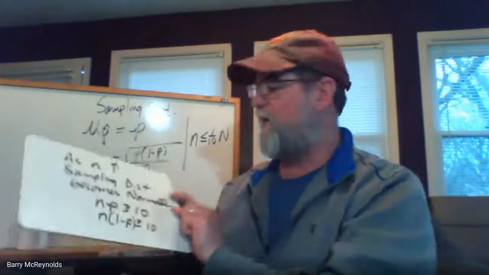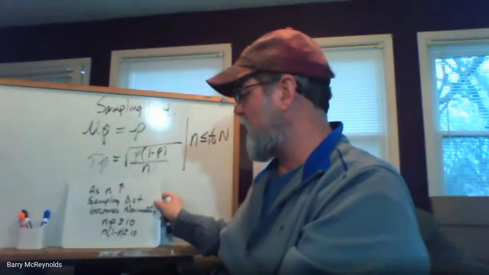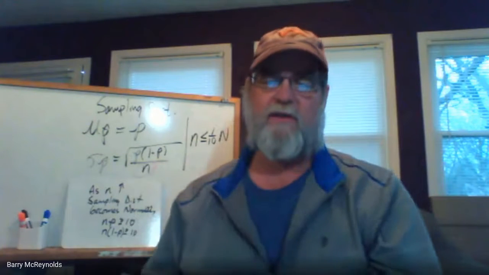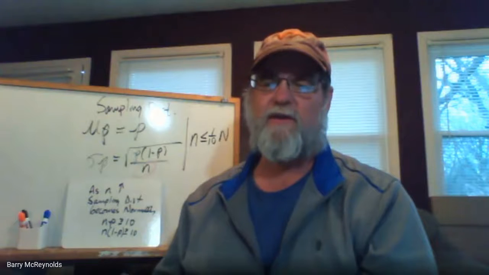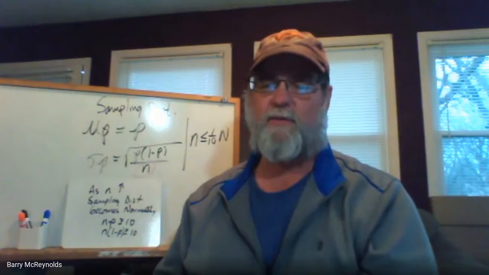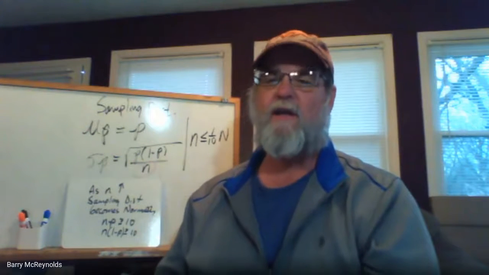That's really handy for us to be able to make that assumption. But we have to check to make sure n times p is greater than 10 and n times 1 minus p is also greater than 10.